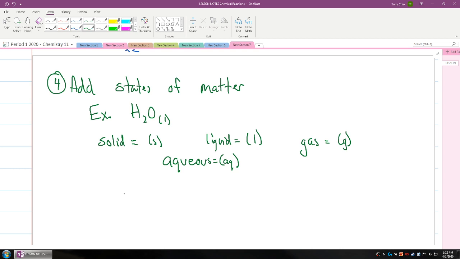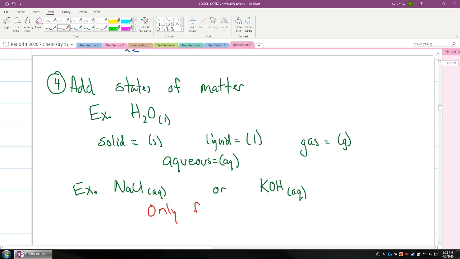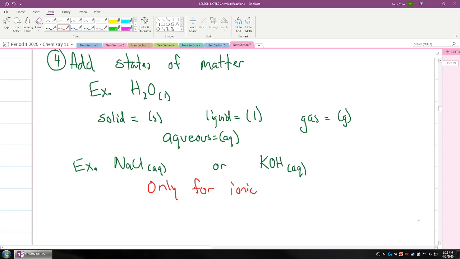Examples of things that are aqueous are NaCl or KOH. Aqueous can only happen when it's ionic, so make sure you note that. If it's not ionic, which is a metal and non-metal, you cannot make it aqueous.